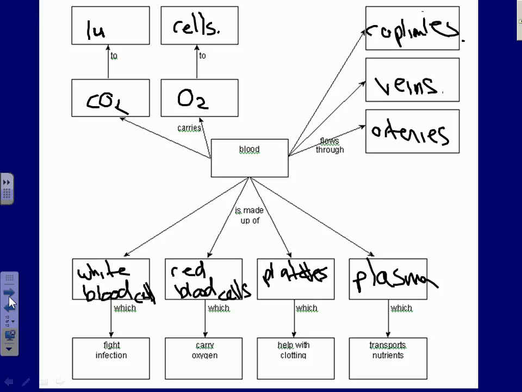To the lungs. And you could probably put nutrients also with that O2 to the cells. And waste wouldn't go to the lungs. It would go to places like the kidneys. The lymphatic system, I think they call it, is where a lot of that waste is funneled, eventually to the kidneys and then out of the body.